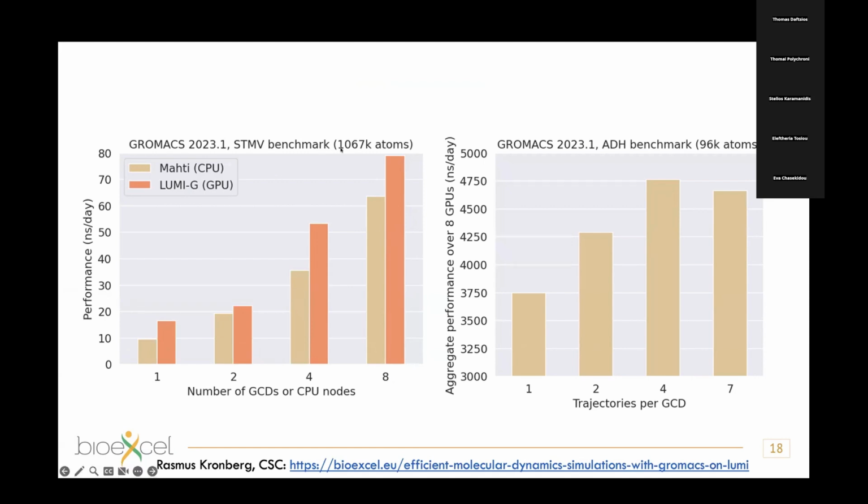We used a system of about 1 million atoms, which is rather large. It's not huge, but still a big system. We tested the performance on the CPU-only nodes and on those with GPUs, and as you can see from the bars, you get much better utilization using the GPUs.